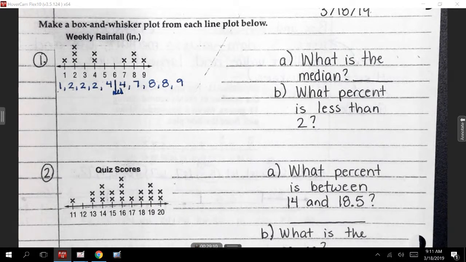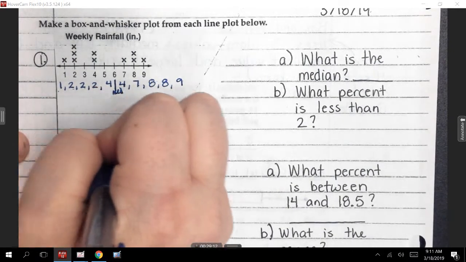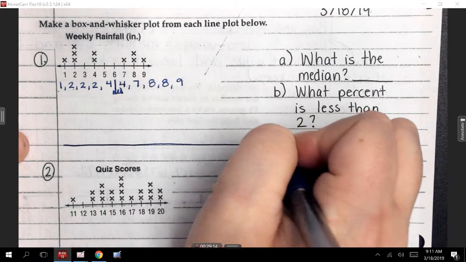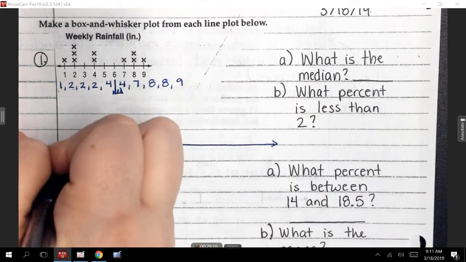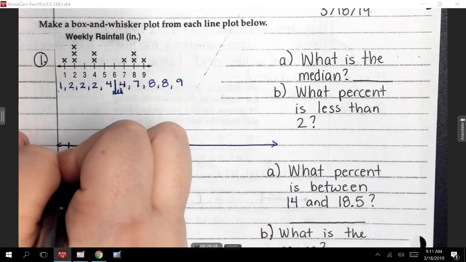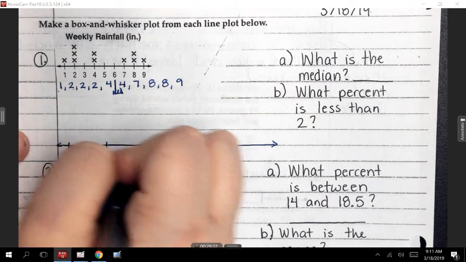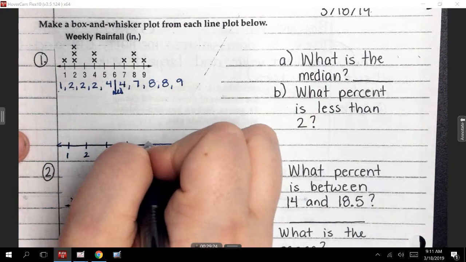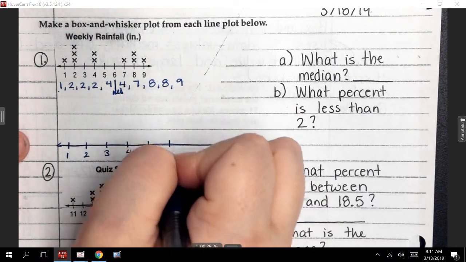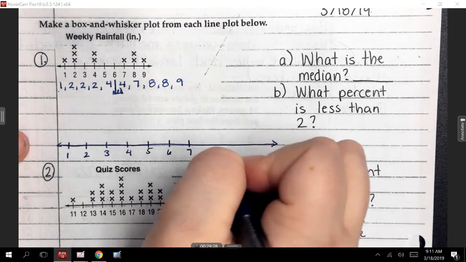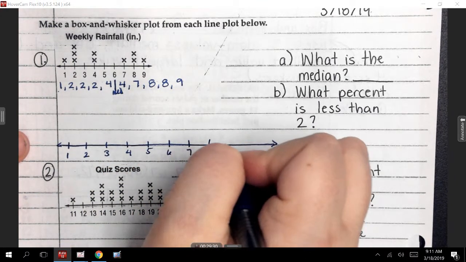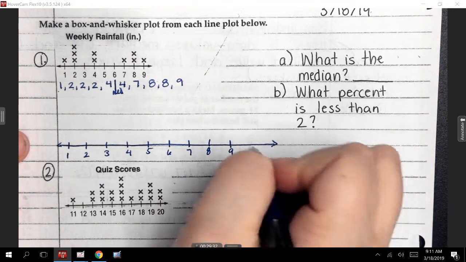Okay. All right. What should I have probably drawn at some point? A number line. We got to have that number line to do our box and whisker on. Okay. So I'm going to start my number line at 1, 2, 3, 4, 5, 6, 7, 8, 9.